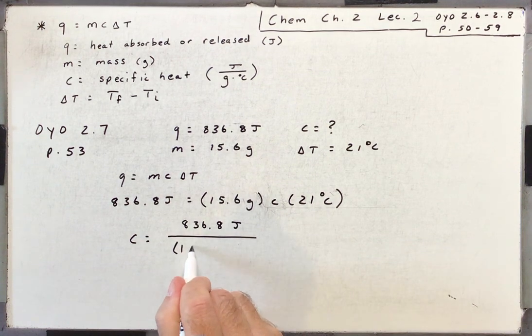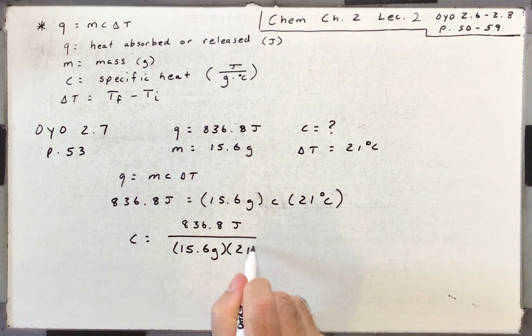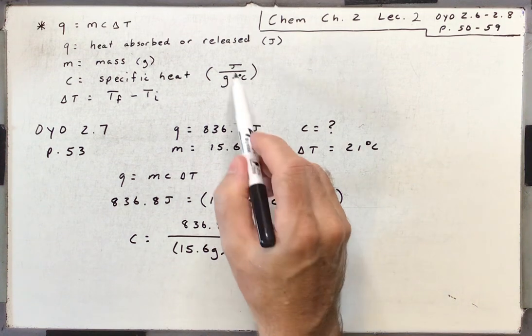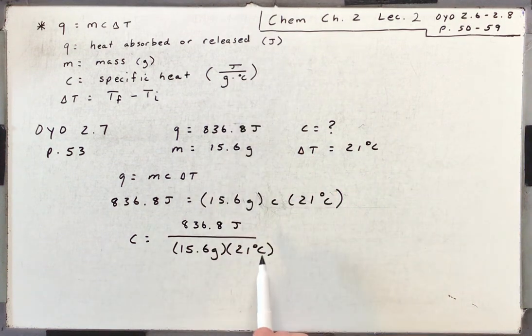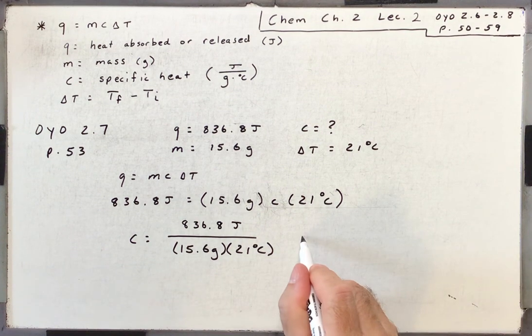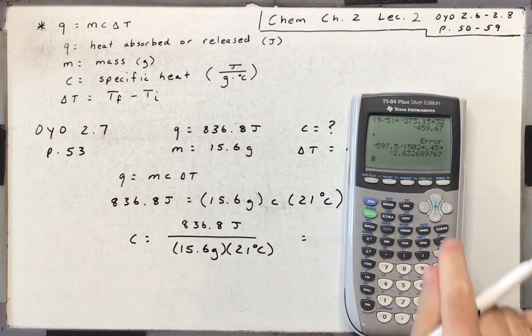So you'd have 15.6 grams times 21 degrees C. And you know this is the unit, you haven't gotten this equation backwards, because on top the unit for specific heat is joules divided by grams times degrees Celsius, and that's exactly what you're going to have here, joules over grams times degrees Celsius. So you can always check your units if you're unsure.